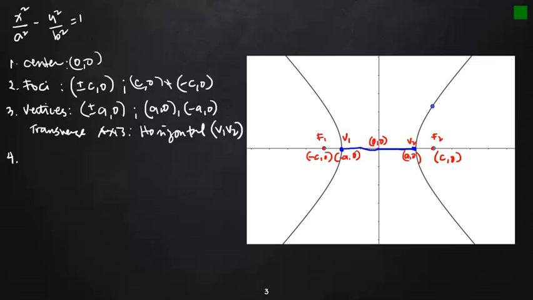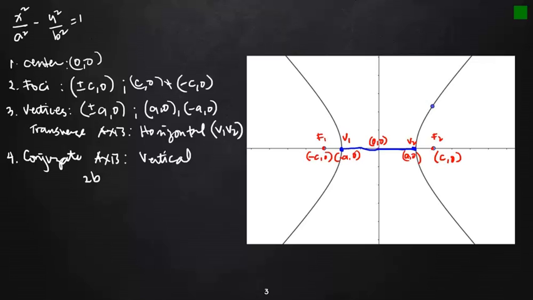Therefore, this axis passes through the origin, and we call this one the conjugate axis. Because our transverse axis is horizontal, the conjugate axis is vertical. And this conjugate axis has a length of 2b.